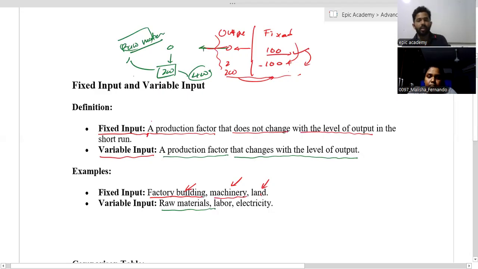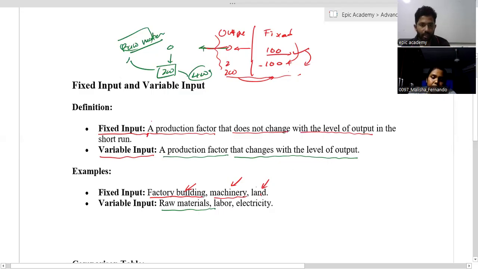So according to the production level, the production quantity, the variable input also changes. That is why we call it variable. Variable means a changing factor.